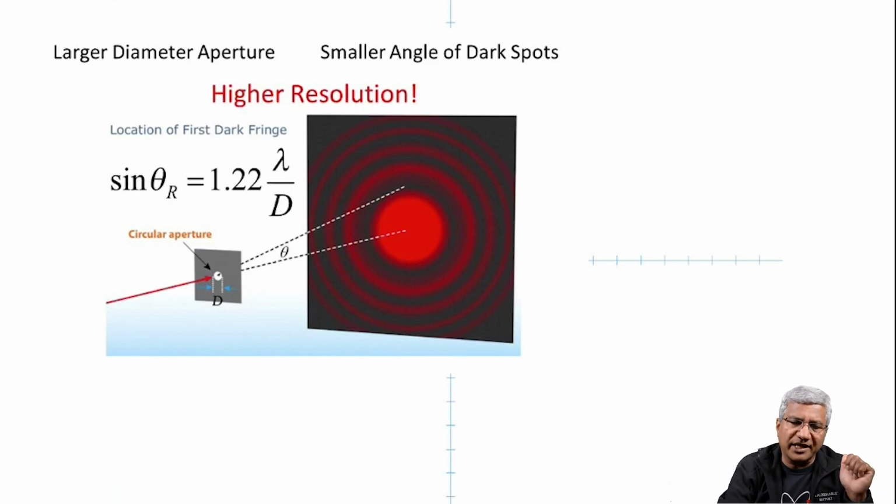So for higher resolution, I hope you're listening, for higher resolution, we want D to be as big as possible. When D, which is in the denominator, is big, then sine theta and theta are small. So what you mean by resolution is the angle must be small. So the aperture must be big.